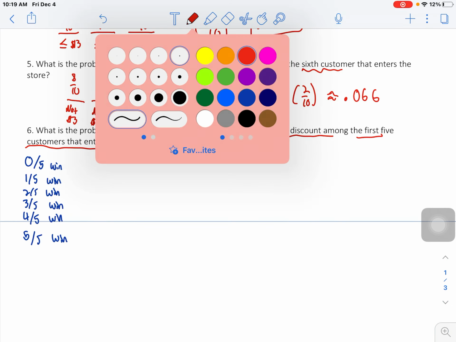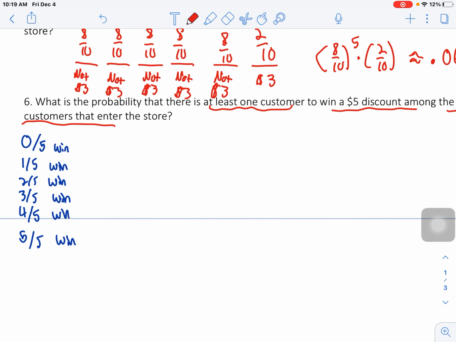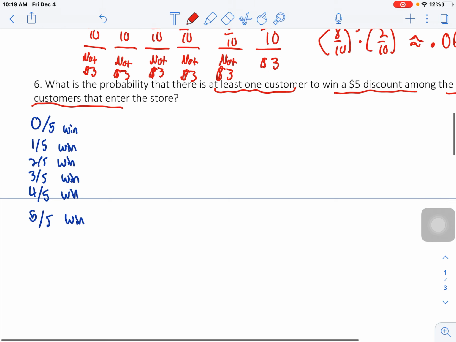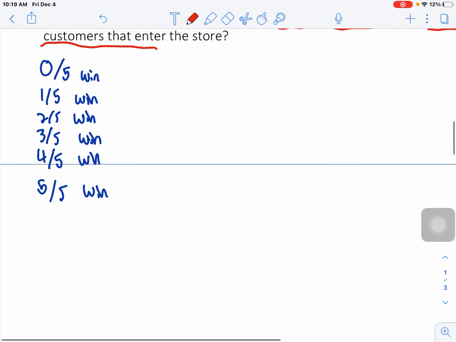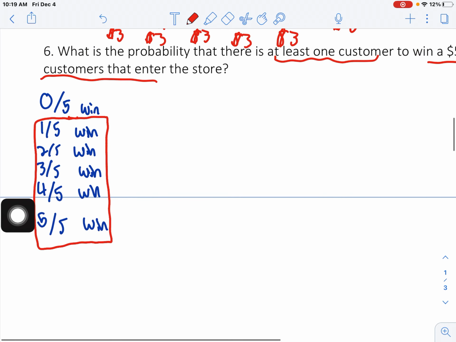So we are looking for the probability that at least one customer will win the $5 discount among those first 5. So 1 of them will win, 2 of them will win, 3 or 4 or 5. Now remember, this is tough to calculate, so that's why we want to look at the complement.